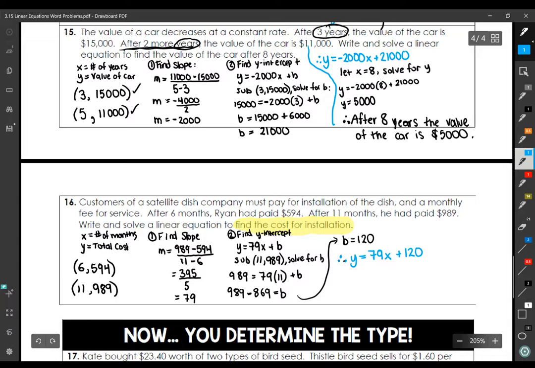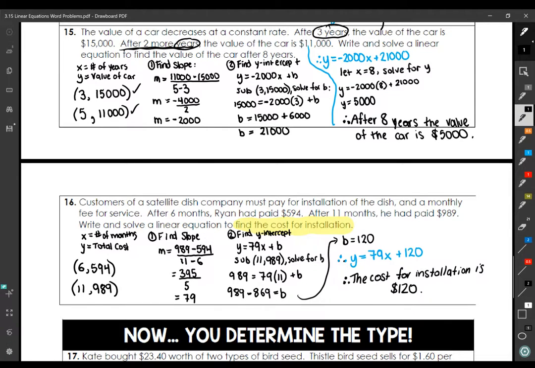Okay? And my installation fee, that's my initial value. So therefore, the cost for installation is $120.